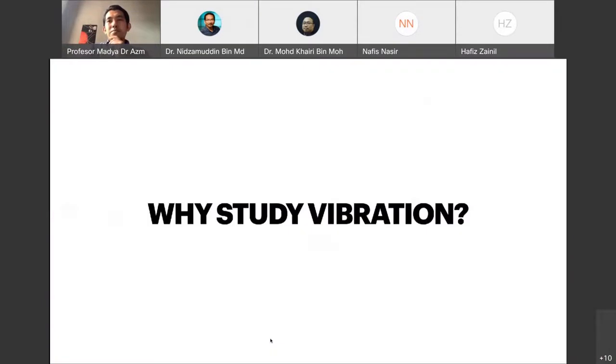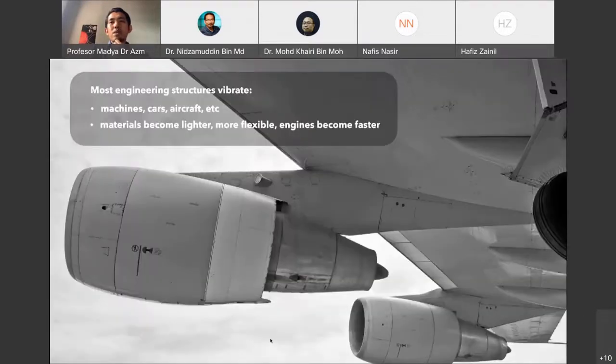Okay, so why do we study vibrations? Let's begin on why we should study vibrations. With current technology, we usually have high-speed engines.